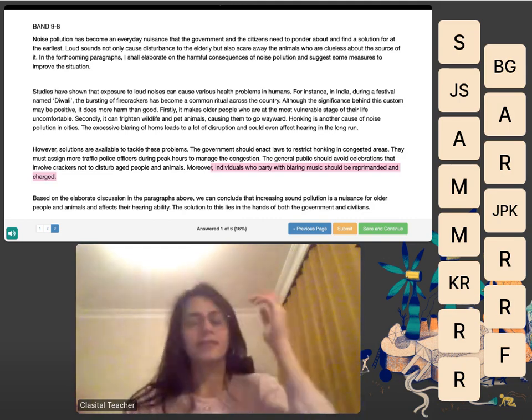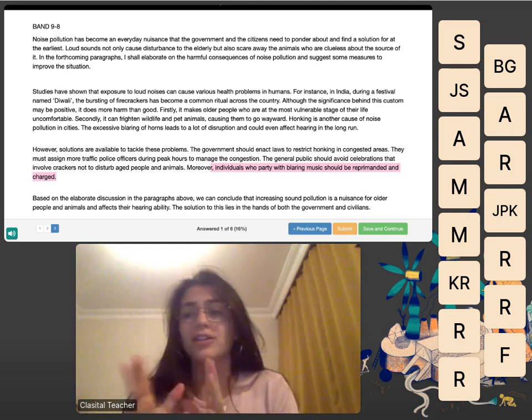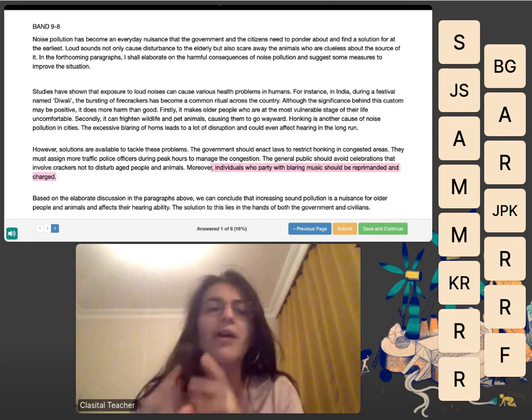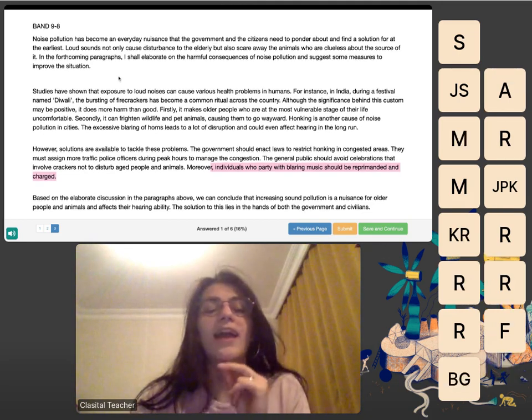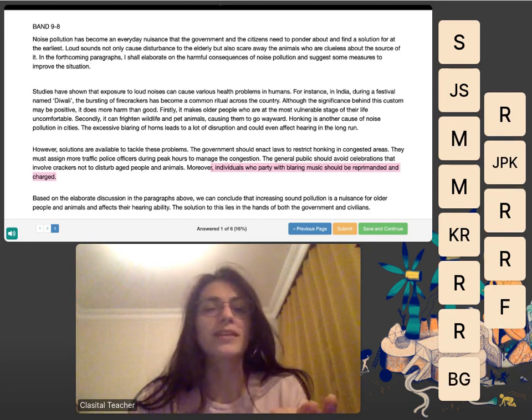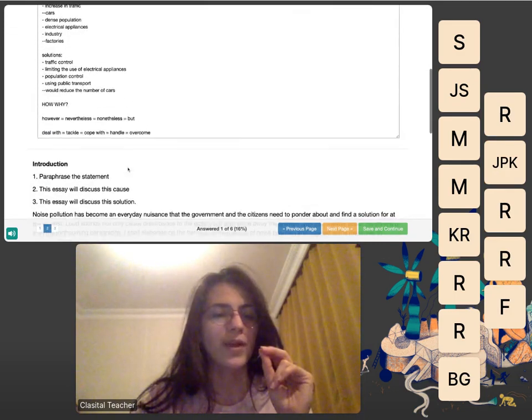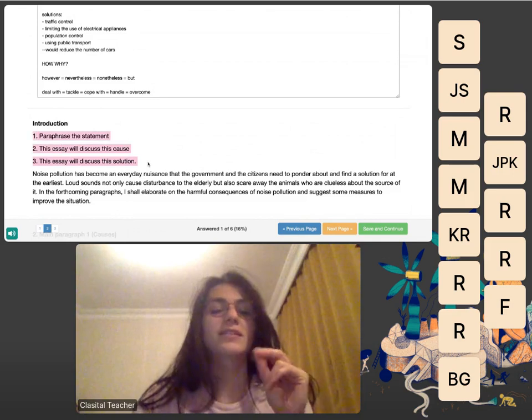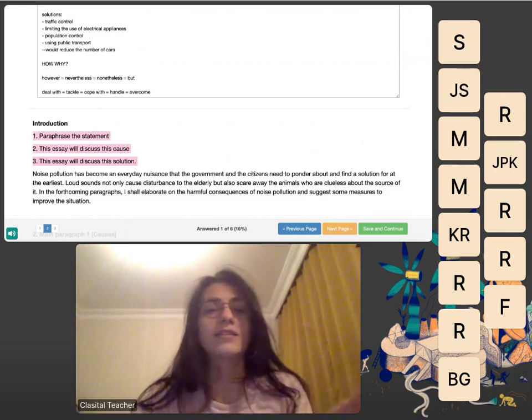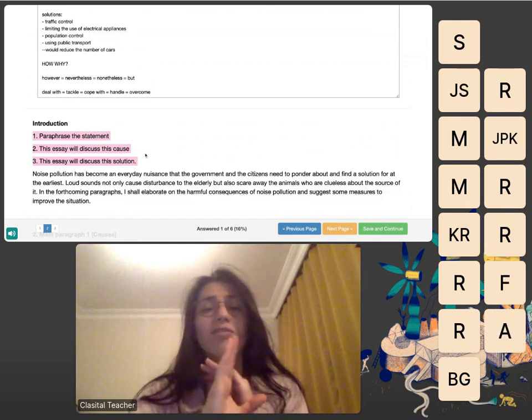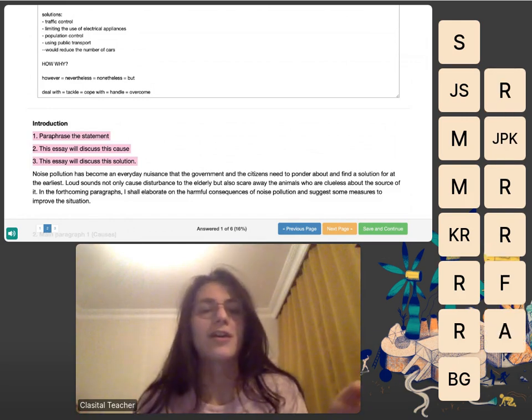Bibek says that he or she is having a problem in the introduction part. What you need to do is actually really simple. Don't overcomplicate it. Just follow this structure. This one right here, just paraphrase the statement and say your causes and solutions in 2 sentences, and just 3 sentences will be enough.